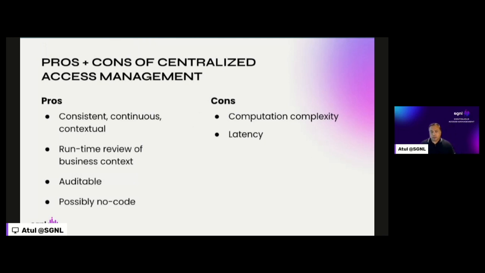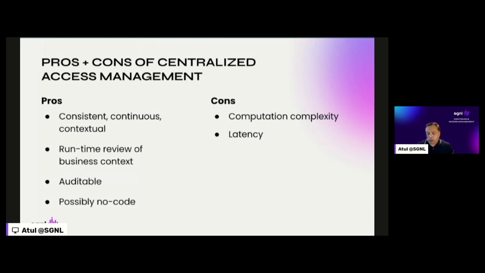But then the other great thing is that you can make decisions based on the context, that, hey, this user is coming from a managed device, or this user is coming from this particular location, and as a result, I'm going to make decisions about whether or not that user should have access, right? And again, it's fully audited, like I said. This is also something that can be done without coding, and I'll get into that a little bit.